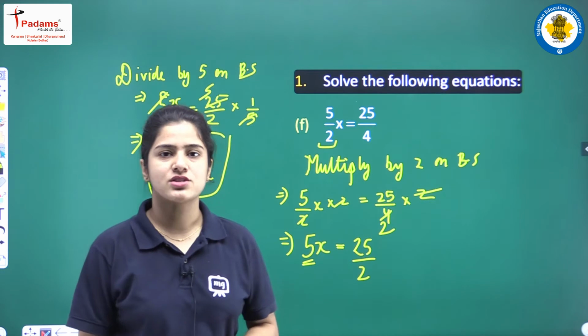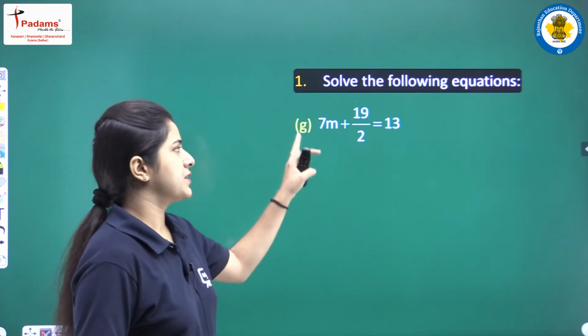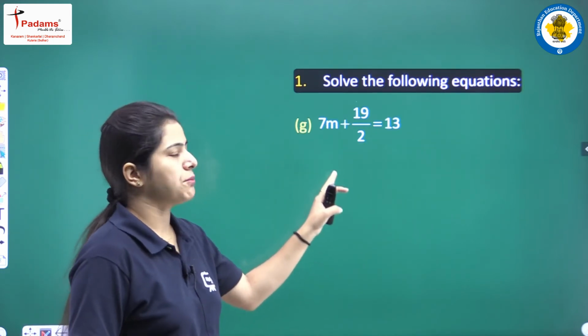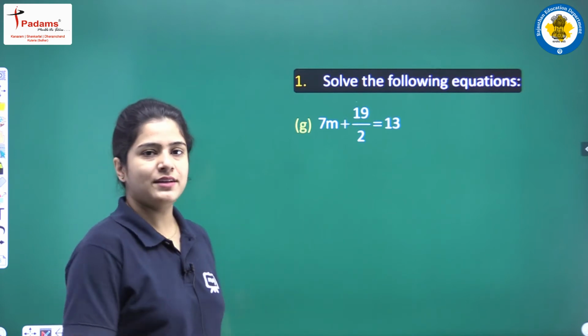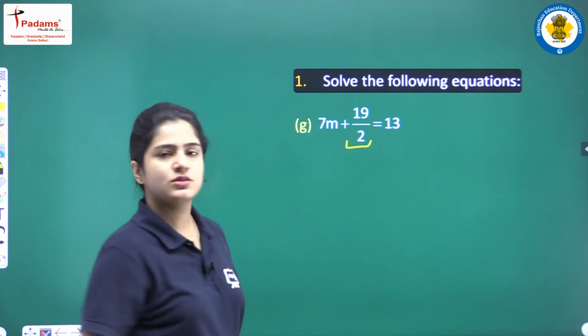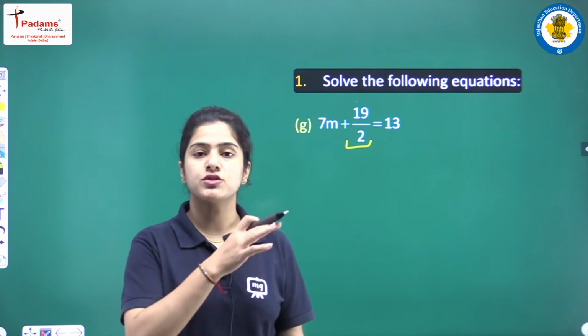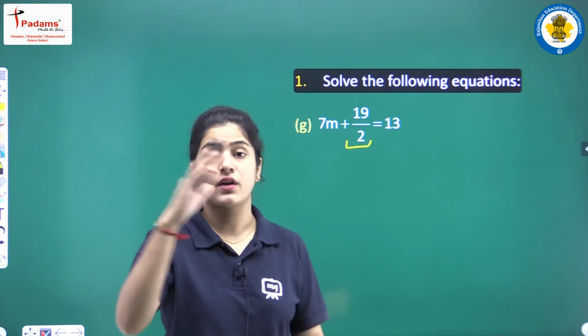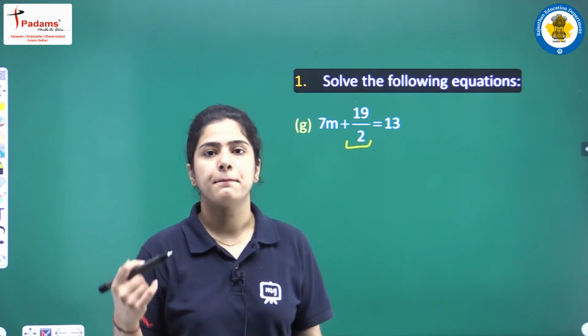Looking at the another question, that is question G. 7m plus 19 upon 2 is equal to 13. Have a look students, this is in addition on the left hand side. So if you have to transpose this 19 upon 2 to the right hand side, you will subtract it.